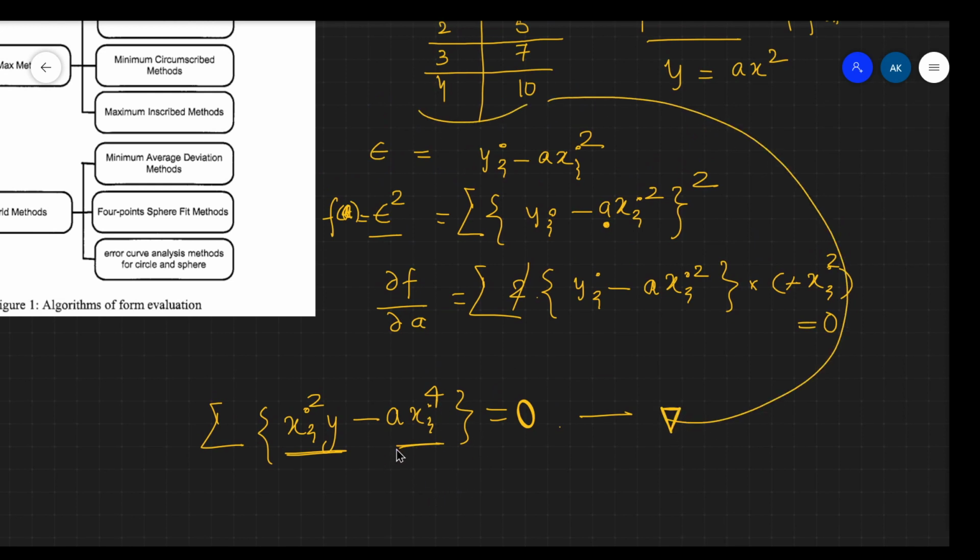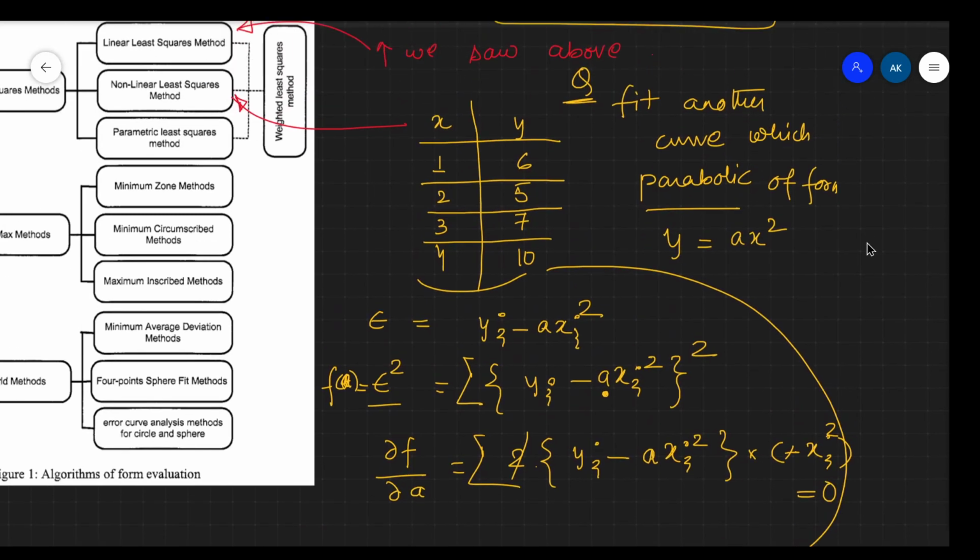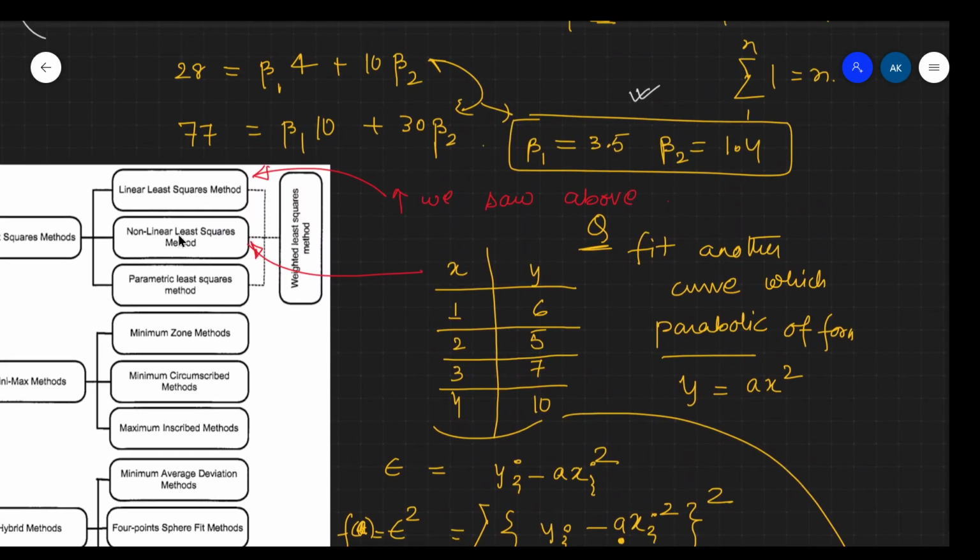Putting the values, there will be one equation in a, and on solving you will get a as 0.703. This will be your answer. So the same logic can be used for non-linear models also.